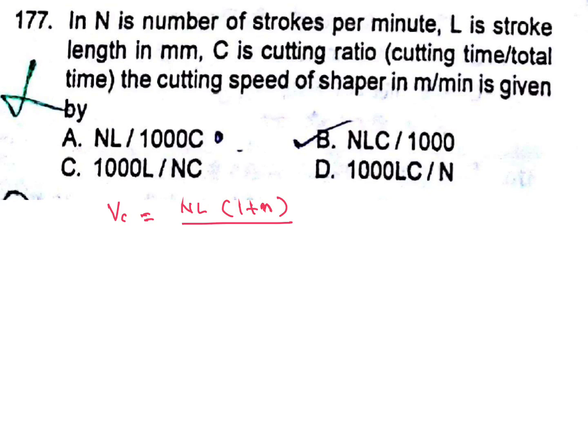But in this case, n is return time divided by cutting time or forward time. But in this question, cutting ratio C is cutting time or forward time divided by total time, TR plus TF.